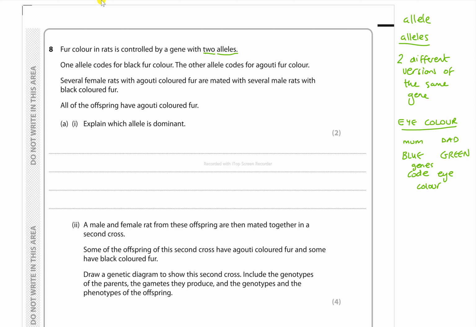That's an allele, right? One allele codes for black fur, and the other one codes for agouti. What on earth is agouti fur color? One moment.